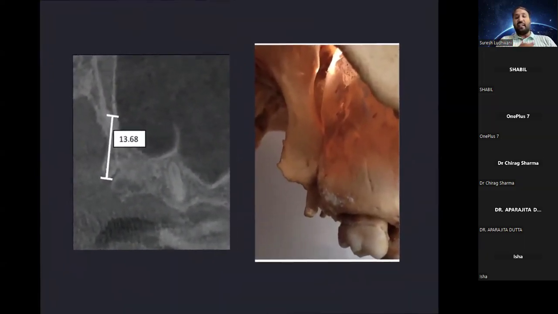The same junction, when I see it from the side, is something which I've showed. This vertical line which I marked is your pterygomaxillary junction, the point where your implant is supposed to go and hit.